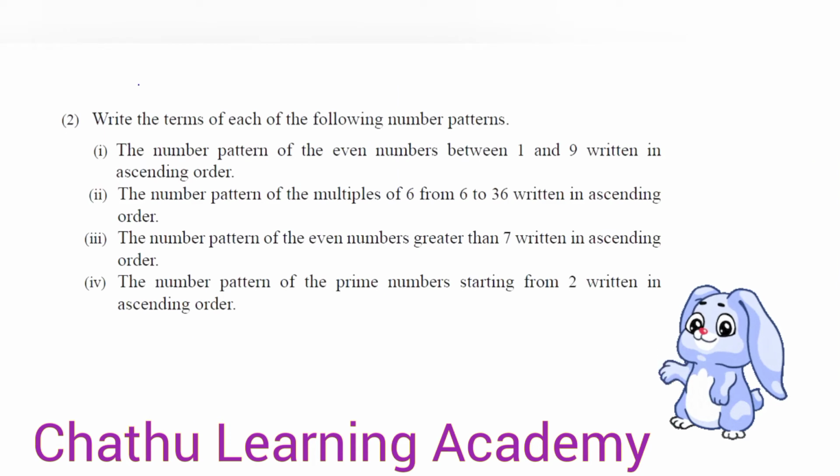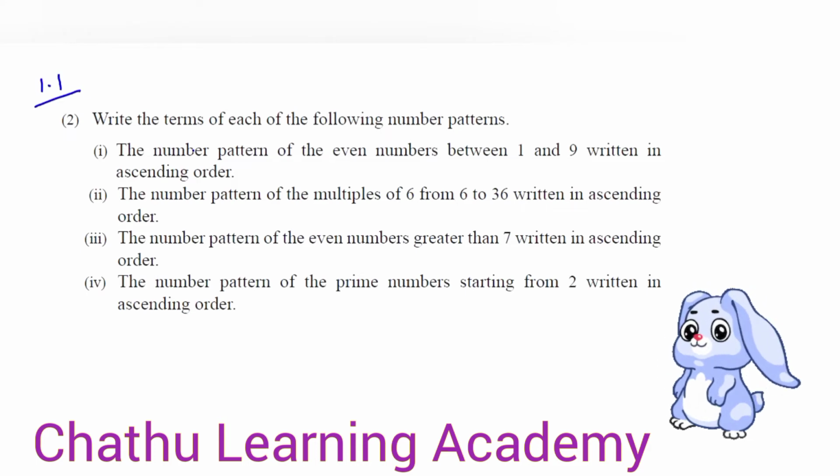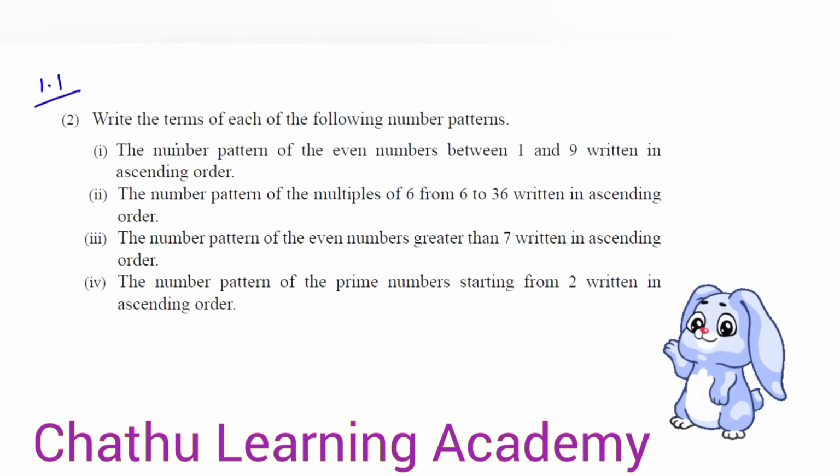Now I will explain some of the questions given in exercise 1.1 as well as 1.2. This is the second question given in exercise 1.1. Now look at this question. Write the terms of each of the following number patterns.